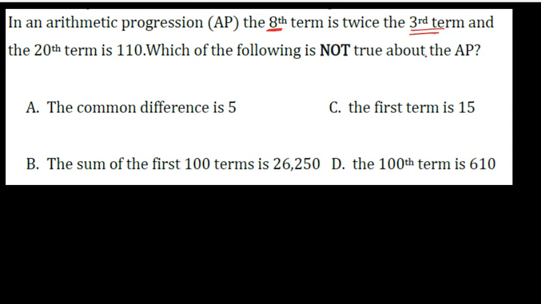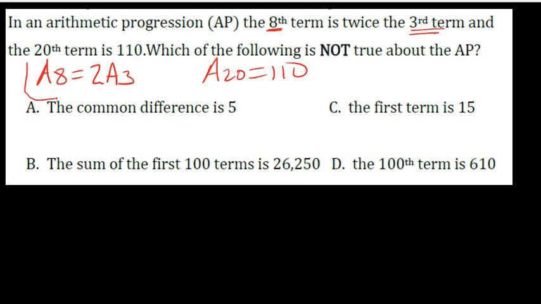The eighth term is equal to twice the third, so we can say a8 is equal to 2 times a3. Again, the 20th term is given to you: a20 is 110.